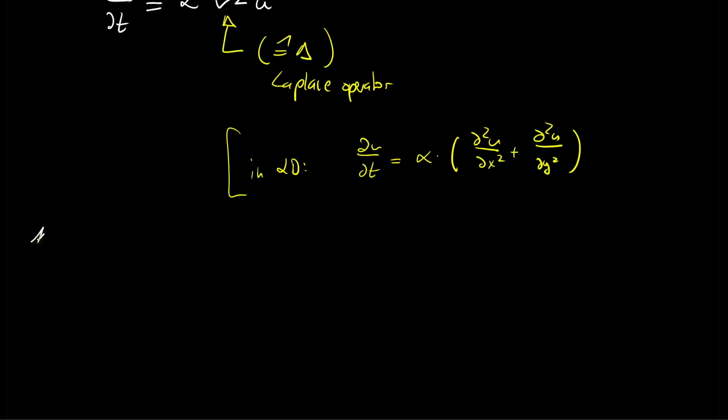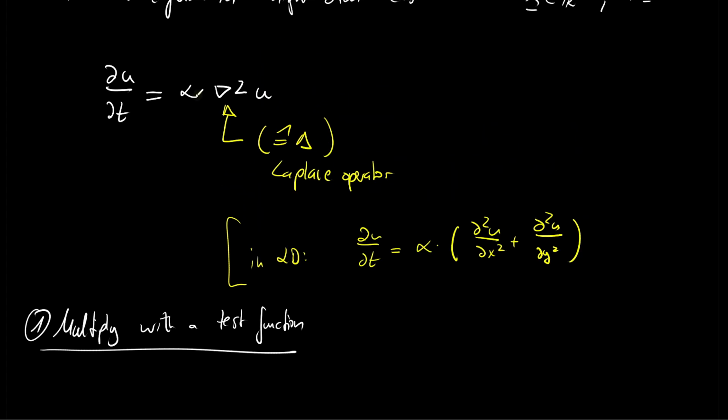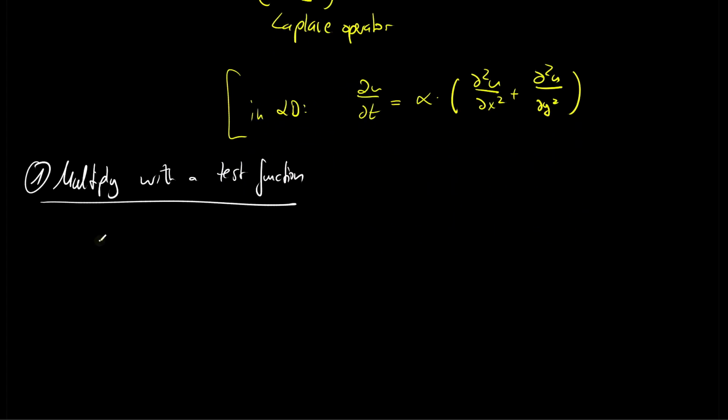So the first step again was to multiply with a test function. Okay, let's do that. Let's keep our multi-dimensional heat equation and multiply with a test function. So du by dt multiplied with v is equal to alpha nabla squared, or the Laplace operator, applied to u, multiplied with v.